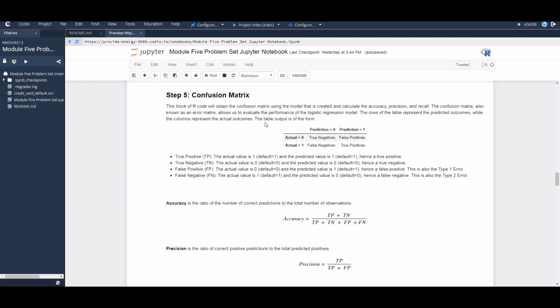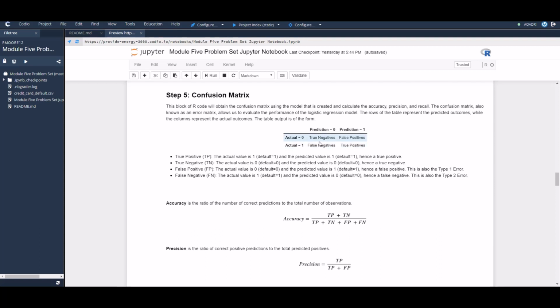Now, because the response variable is binary, it's 0 or 1, so it is often called a label. So it's a label whether it can be 0 or 1. So the actual labels are from the data set, and then the predictions are from the model.